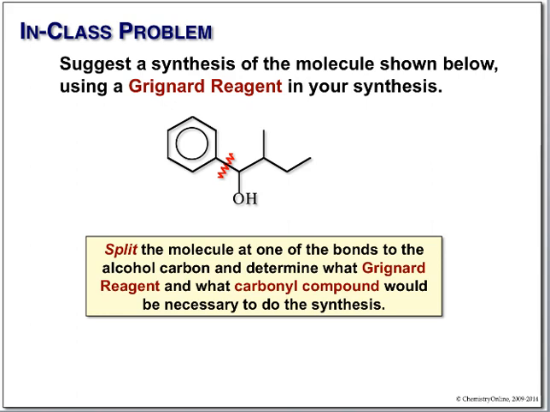What you need to do is ask what's on each side. This side is a phenyl group. That's going to have to come from our Grignard reagent, isn't it? And on this side is the bond attached to the oxygen. Well, that used to be a carbonyl. So now all you have to do is figure out what Grignard reagent we had and what carbonyl compound we had.